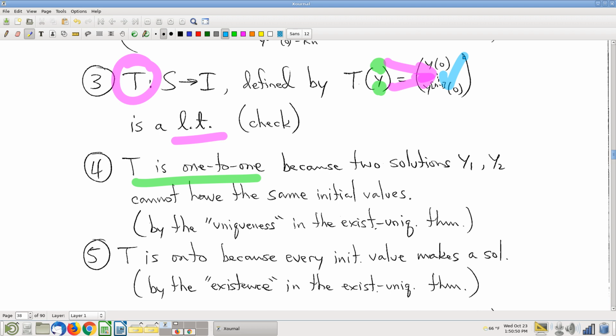Well, because the existence and uniqueness theorem tells us that for any set of initial conditions, there is exactly one solution. Therefore, these two inputs to T that have the same output have to actually be the same.